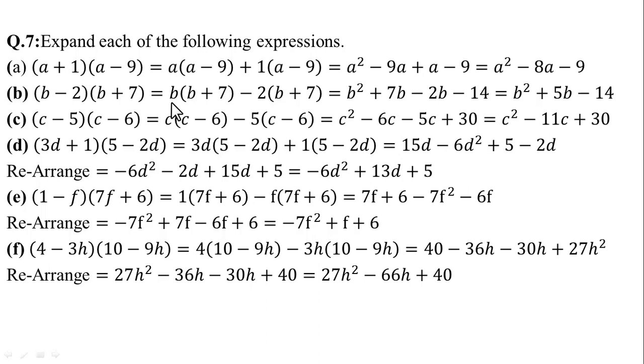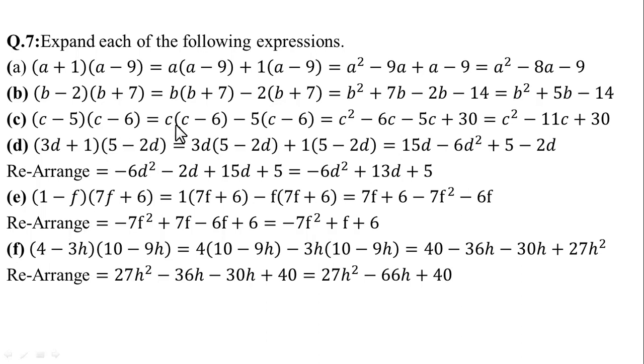Similarly, in B part, (B minus 2) into (B plus 7). B multiplied by B plus 7, minus 2 multiplied by B plus 7. B multiplied by B, B square plus 7B minus 2B minus 14. So B square, 7B minus 2B is plus 5B, minus 14. Here in C part, (C minus 5) into (C minus 6).